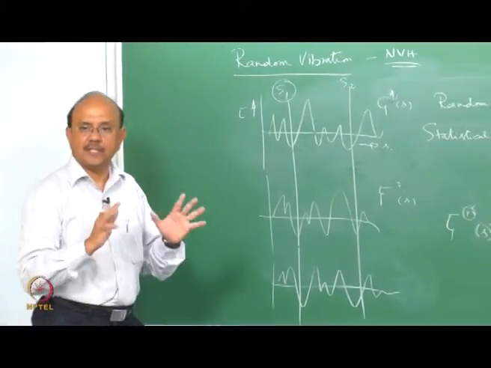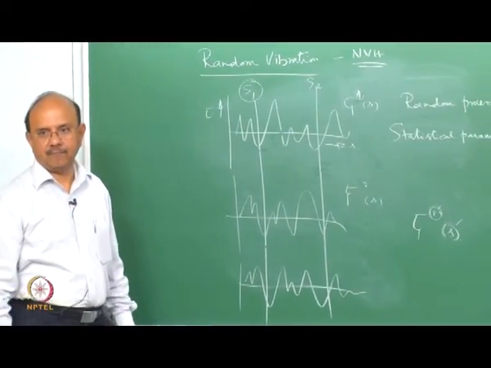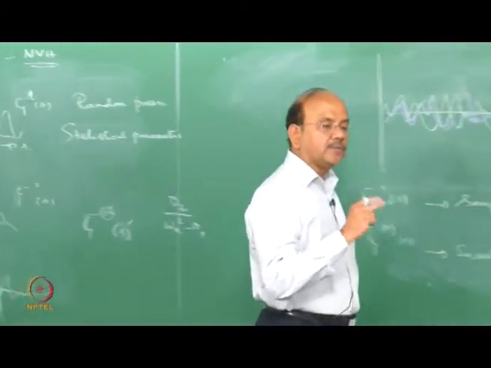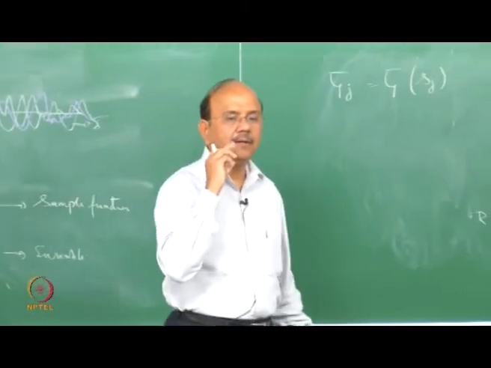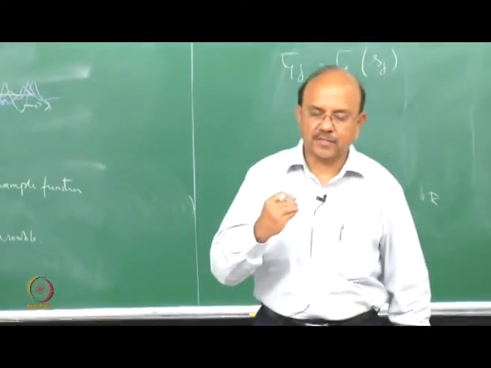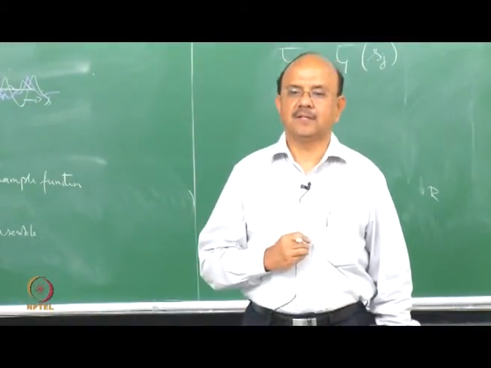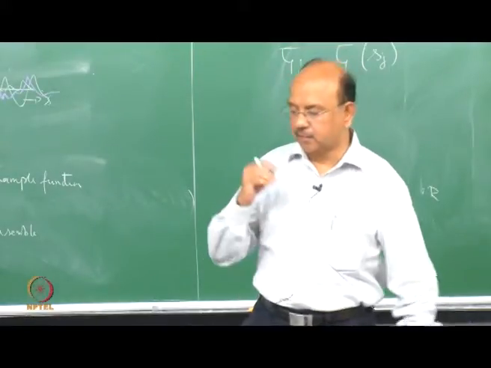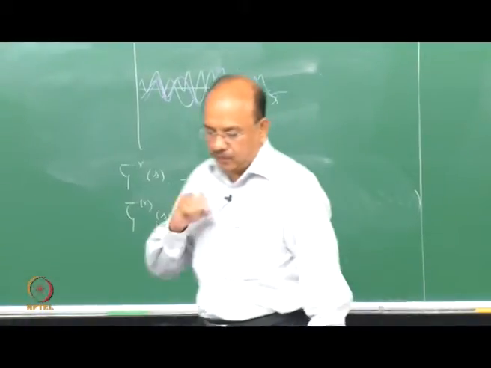So these are the two things I'm going to study. I'm also going to look at certain important characteristics of random processes, like whether it's a stationary random process, and whether it is going to be what is called ergodic.